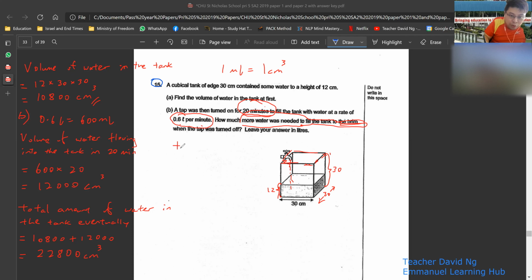So you have to write total volume of water in the tank if it is filled to the brim. So how do you think you should calculate this?